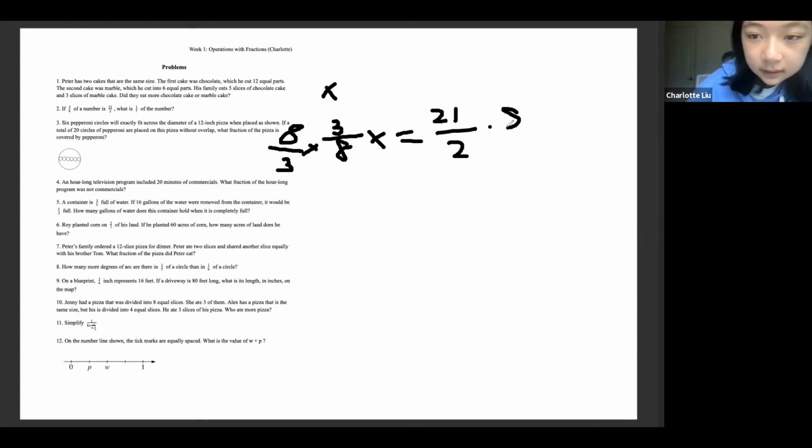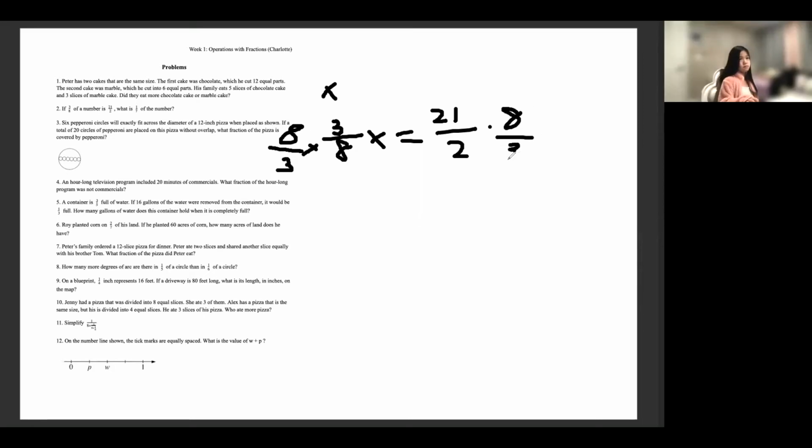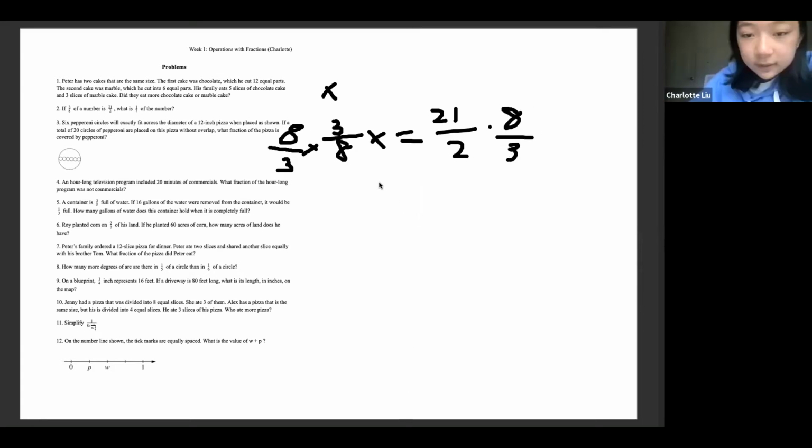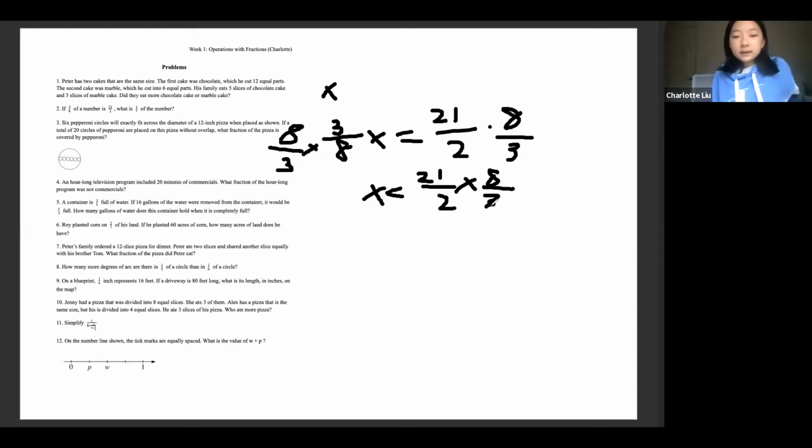So now you'll get x equals 21 over 2 times 8/3. I think you should know this, but cross multiplication is a really easy way to solve these questions.